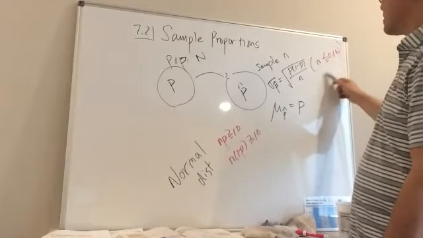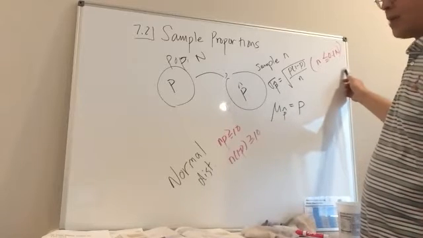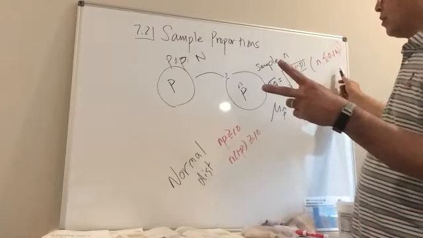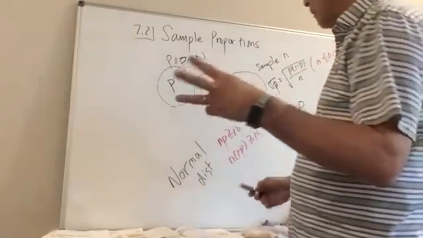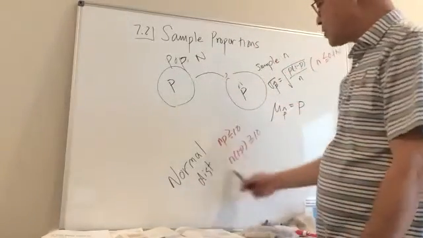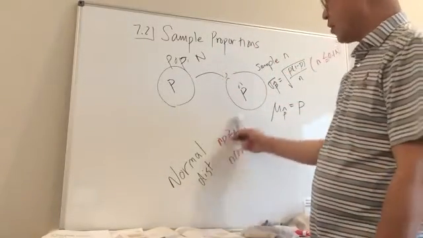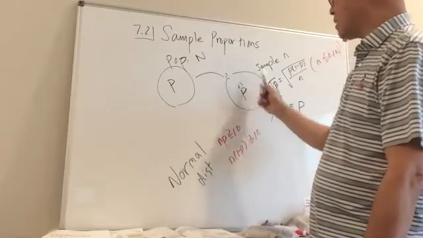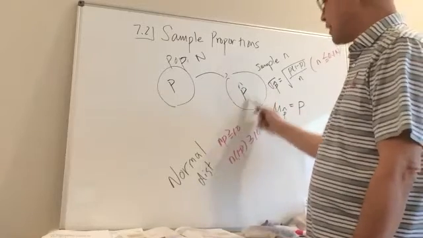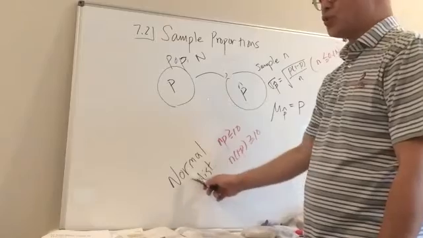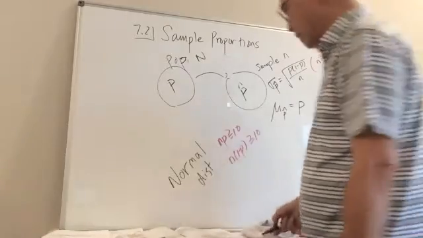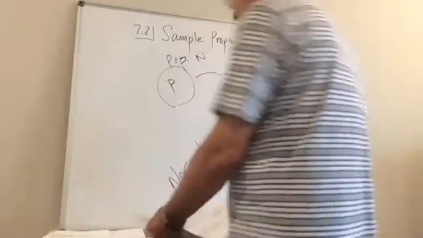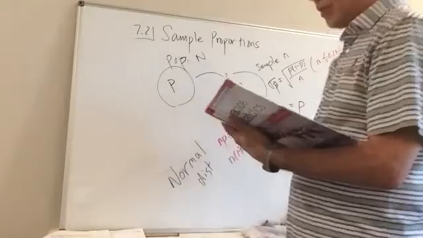Number three, if the large counts condition is met, you can say that the sampling distribution of the p hats is a normal distribution. All right, so that's basically where we're at. Those are the things that you need to know.